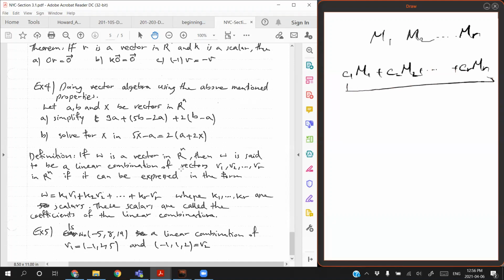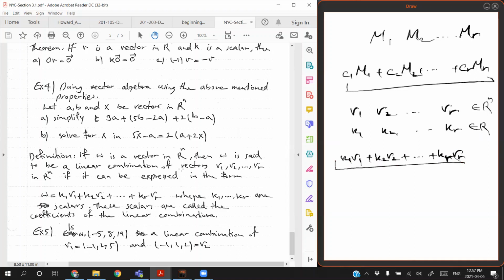You can also have a linear combination of vectors. So if V1, V2, all the way to VR are vectors from Rn, let's say all of them are members of Rn, and let's say K1 to KR are scalars, that is, they are real numbers, then K1 V1 plus K2 V2 all the way to Kr Vr is called a linear combination of the vectors V1 to Vr.